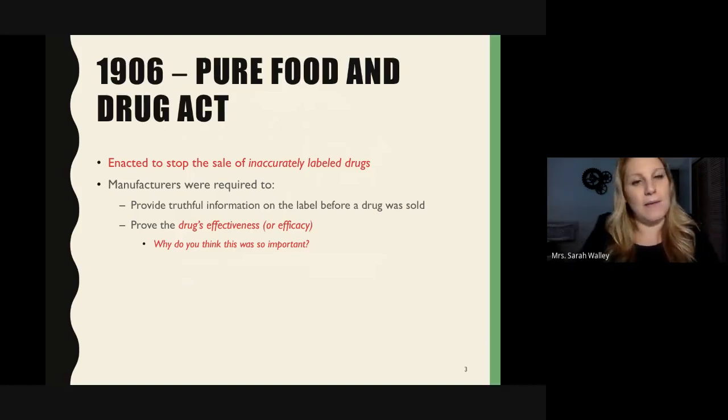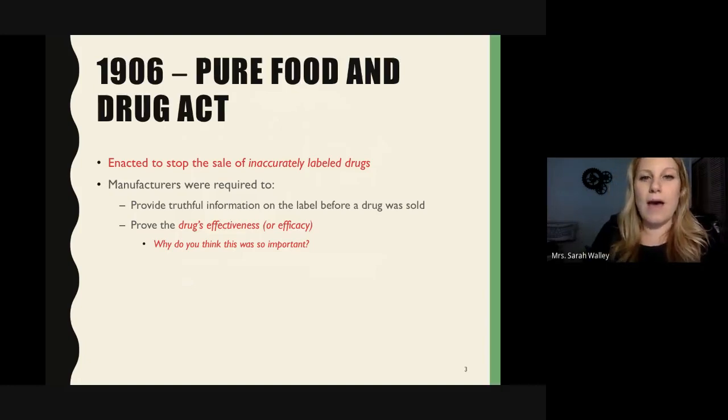Well, it's important because at the time, and even before this, there would be people who could sell anything and say, well, it cures cancer or it helps with this ailment or this or that. They weren't able to prove the efficacy, which means that it works, its effectiveness.